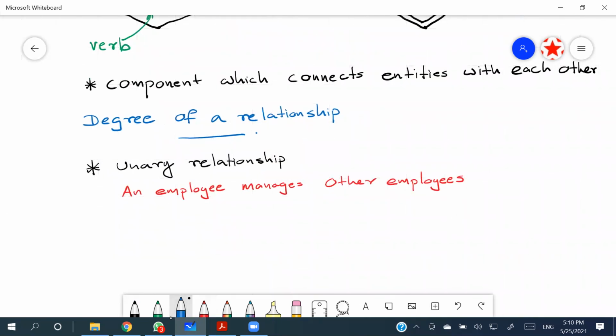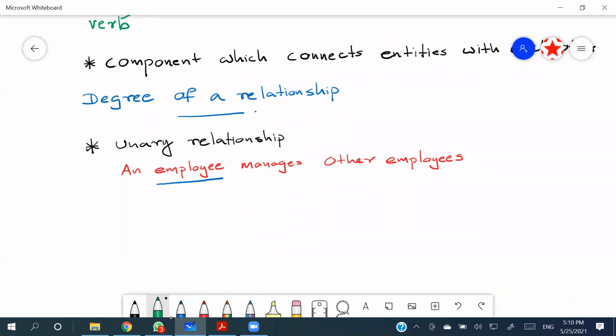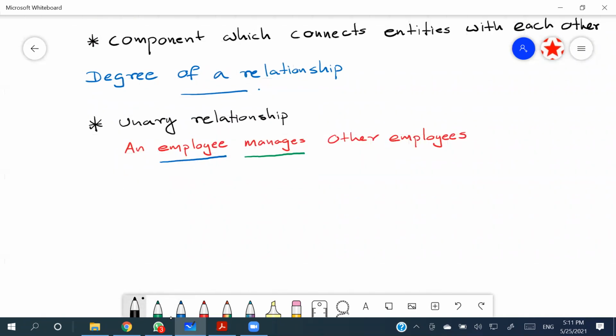If you think about the entities here, employee is the only entity. Other employees are again going to be employees, and the verb is manages. When we are asked to draw something like this, we draw it in this manner.